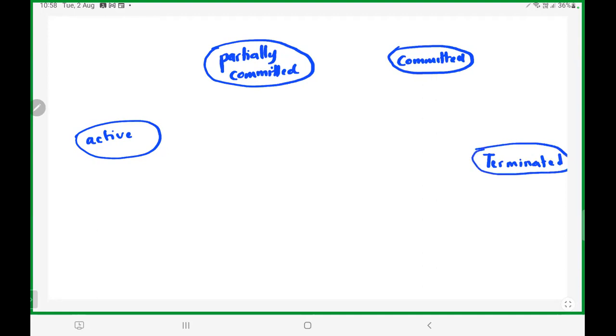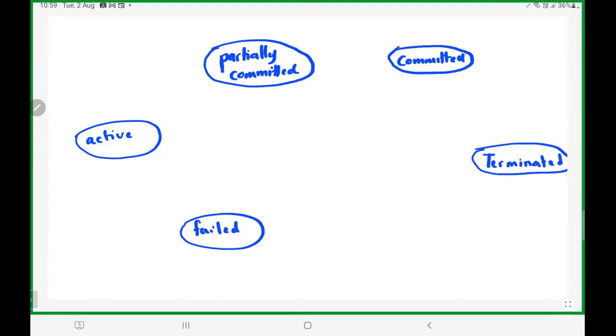Active state means it is active right now. Partially committed means partly done. Committed means fully complete. And terminated means the transaction is ended. And there is another side also.